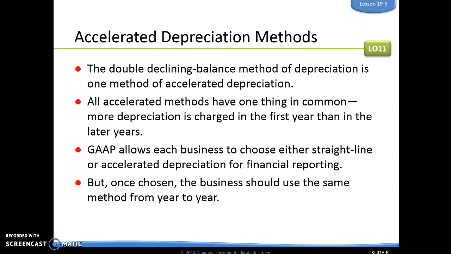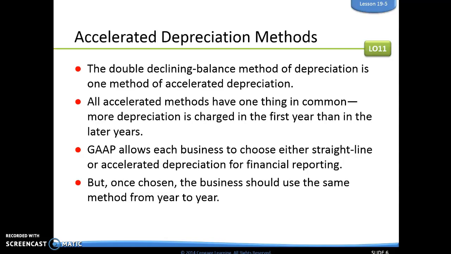The double declining balance method of depreciation is one method of accelerated depreciation. Remember, accelerated depreciation is when it depreciates more at the beginning and then less as the years go on. All accelerated methods have one thing in common: more depreciation is charged in the first year than in the later years.